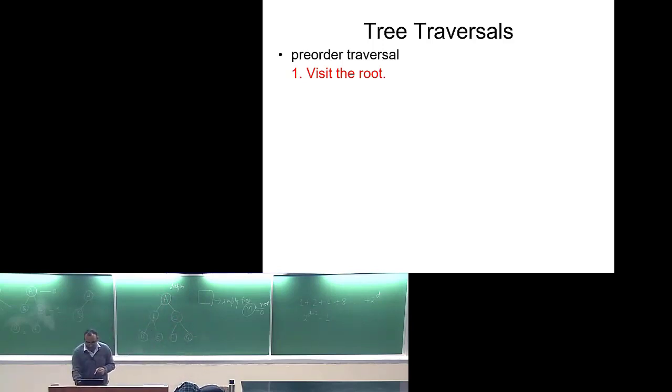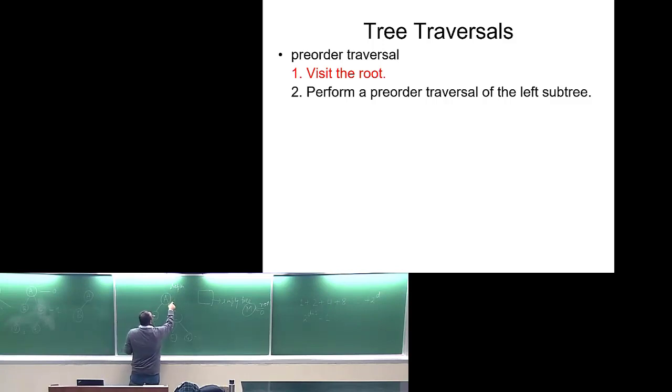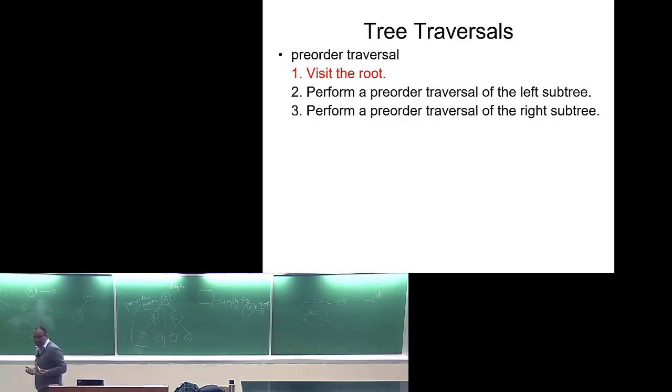Then in the second step, perform the pre-order traversal of the left subtree, followed by the pre-order traversal of the right subtree. What kind of algorithm is this? Recursive again, right? It's just so simple.